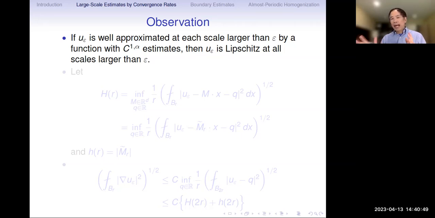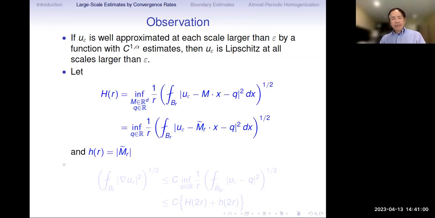Okay, so that's what the previous observations summarize in this way here. So again, let's just recall this function H of r, capital H of r. Let's assume that this m, which is a vector in R^d, the infimum is achieved at some vector.